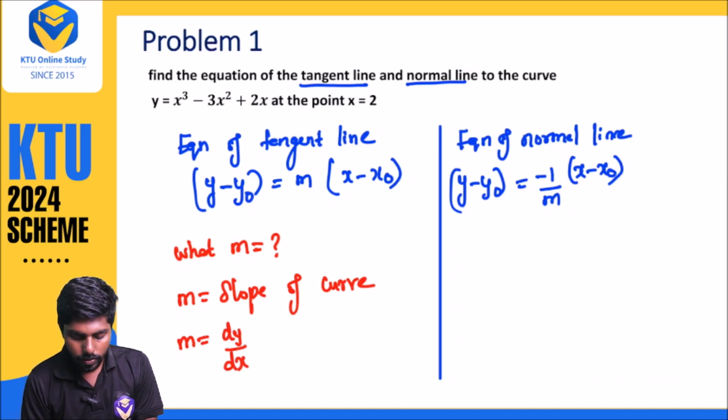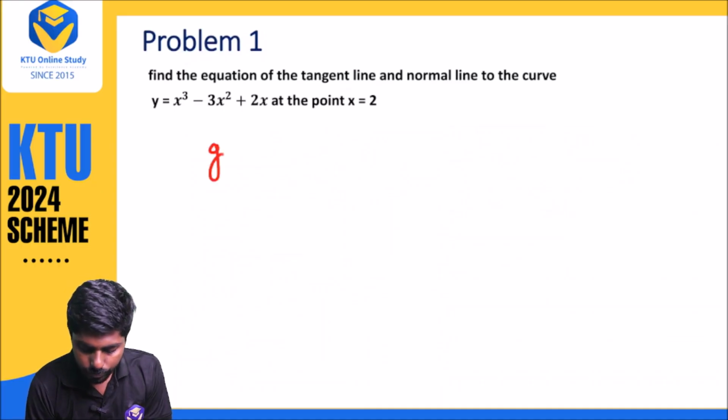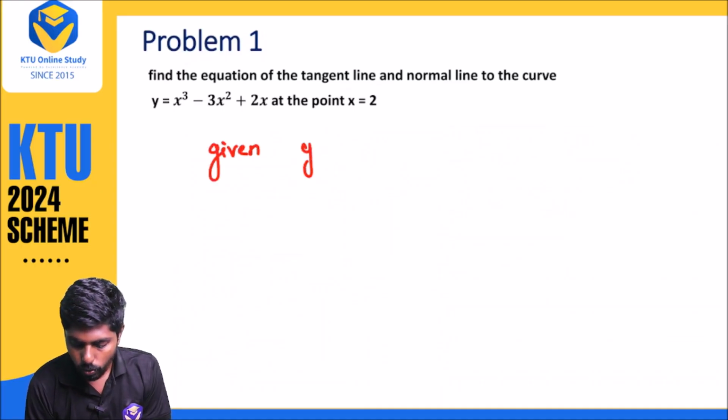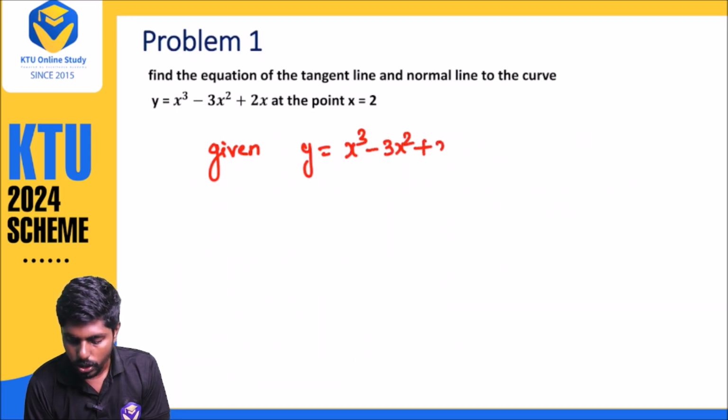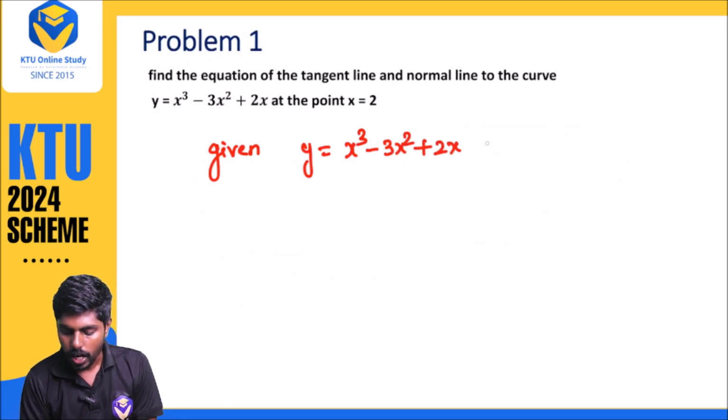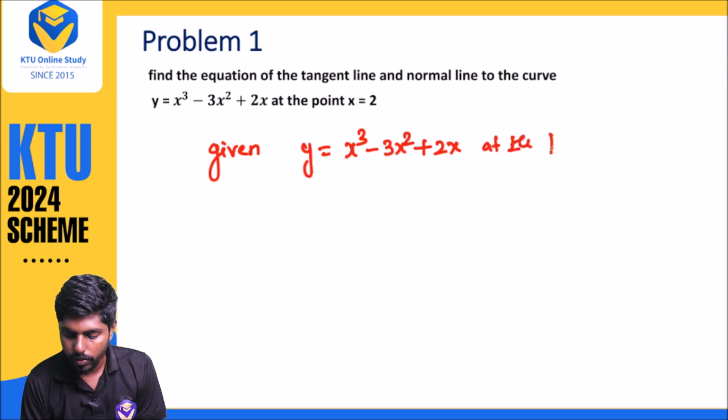So what have they given? They have given y is equal to x cube minus 3x square plus 2x, at the point x is equal to 2.